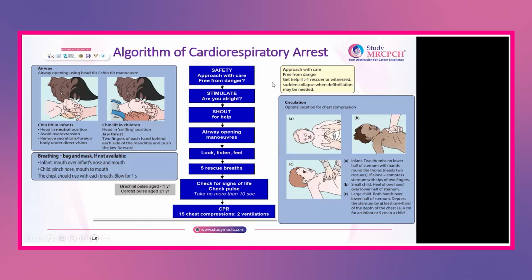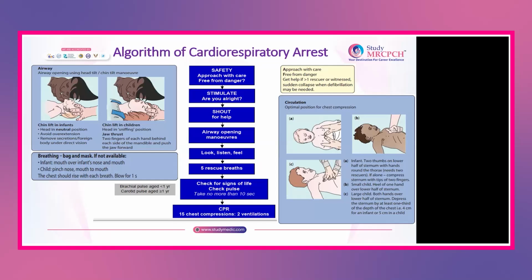We take the child away from danger, stimulate him and ask, "Are you okay?" and shout for help.